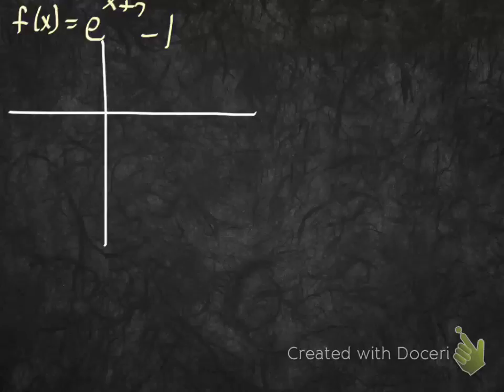So, my original function went through 0, 1. I don't have anything being multiplied in the front, so I'm not going to change where that's going through originally. I am now moving it left 7. 1, 2, 3, 4, 5.